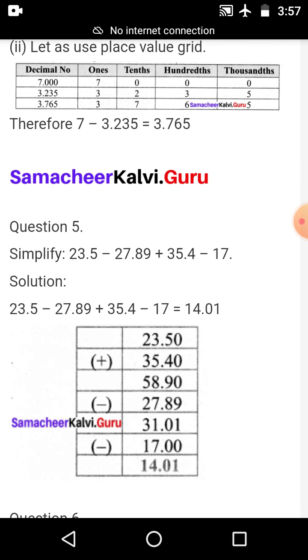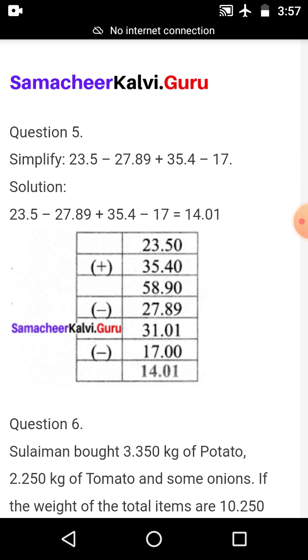First add the positive numbers, then add the negative numbers, then subtract. First add 23.5 and 35.4. Then add 27.89 and 17. Find the answer and subtract it.